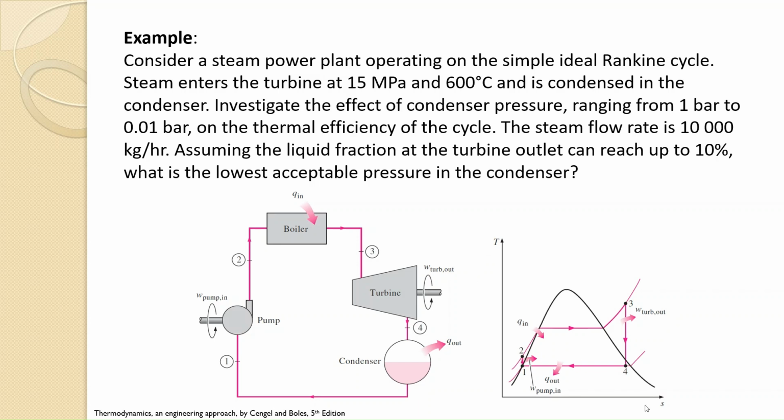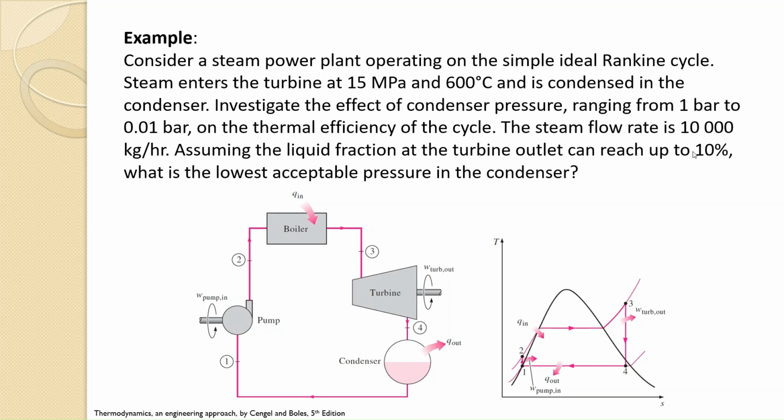If you look into this TS diagram, if you lower the pressure of the condenser, you move to the next pressure line under this line, which means that if you look into the portion of this divided by the total, you will see that you have more liquid in your output of the turbine. And in this specific case, we say that up to 10% is tolerable by the turbine.